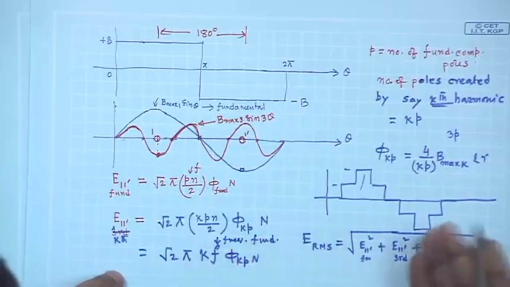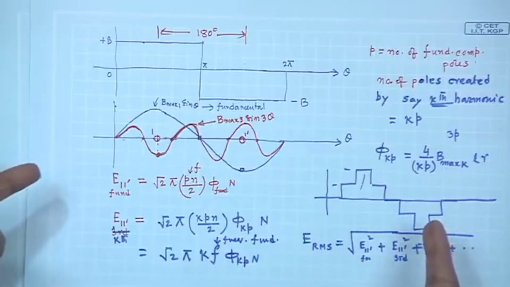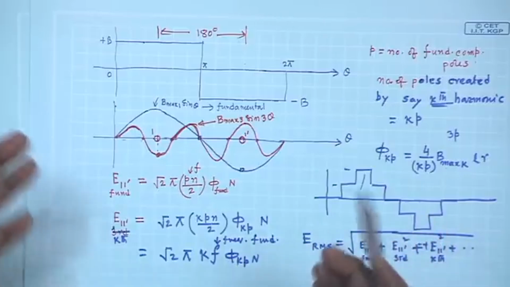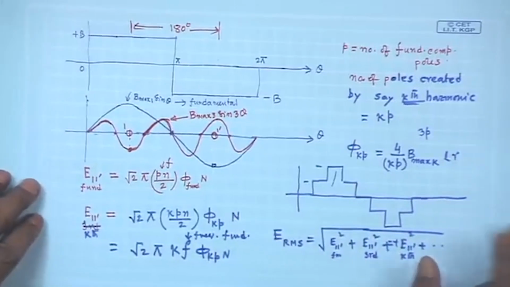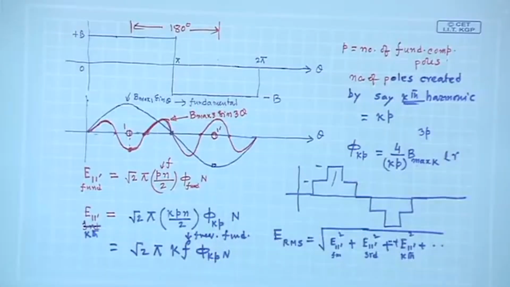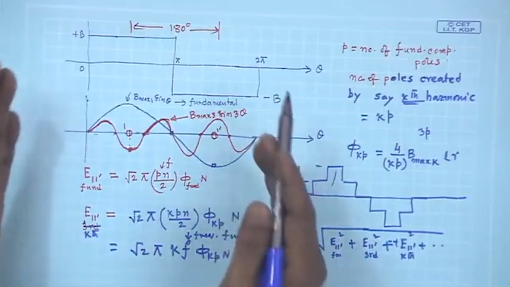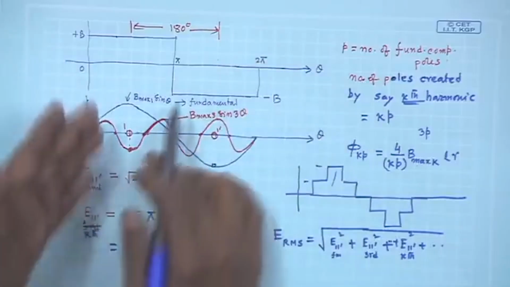What is phi k p? Phi k p is, we know, 4 by p B max into L r. For the original machine of p poles, for the kth harmonic the number of poles has increased, it has become k p poles, because over the same degree of mechanical separation so many poles are present.